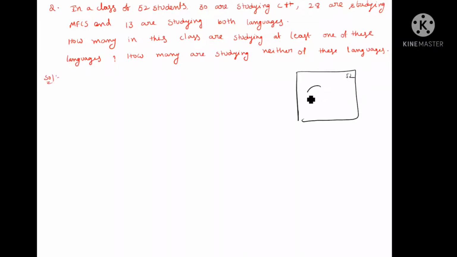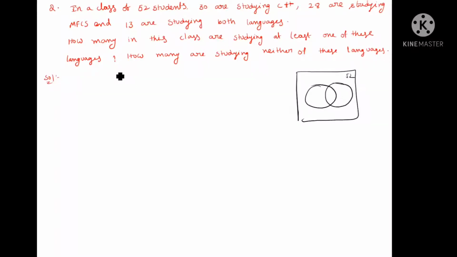30 are studying C++ and 28 are studying MFCS and 13 are studying both the languages. Both the languages means a person can study C++ as well as MFCS. How many in this class are studying at least one of these languages?